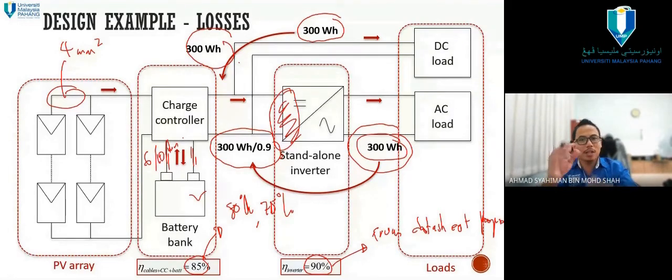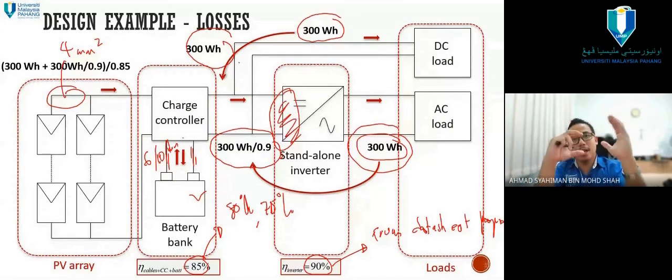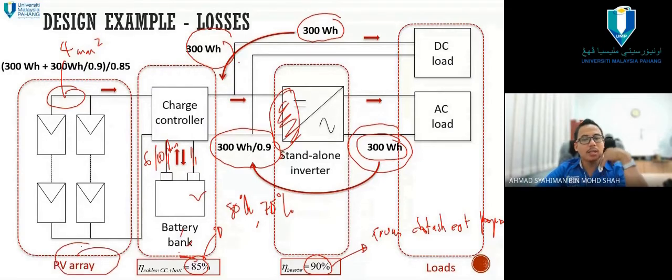We still consider 50% from somewhere, the connection, the battery, the casing, or the heatsink at the charge controller not being enough, by considering that. So at the end, the original energy that our modules, our PV array, need to produce is actually 300 plus 300 watt hour over 0.9 and over 0.85.